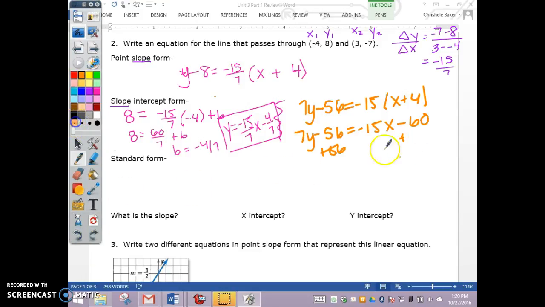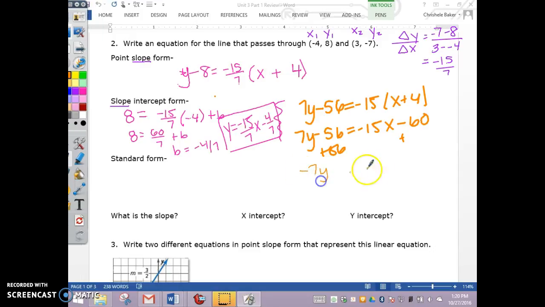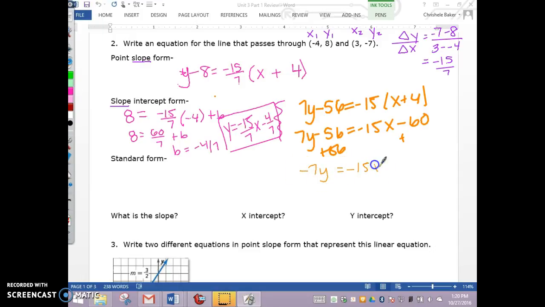Negative 7y is equal to negative 15x minus 4. Dividing everything by negative 7. I missed something somewhere. Messed up a sign. 7y, 56.